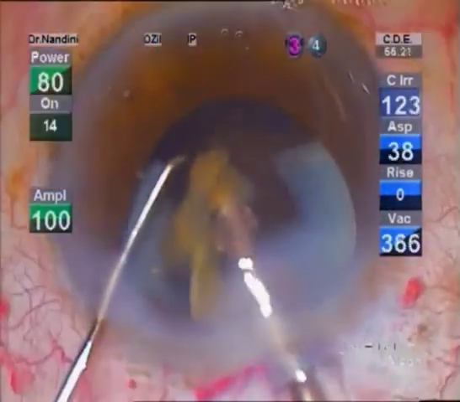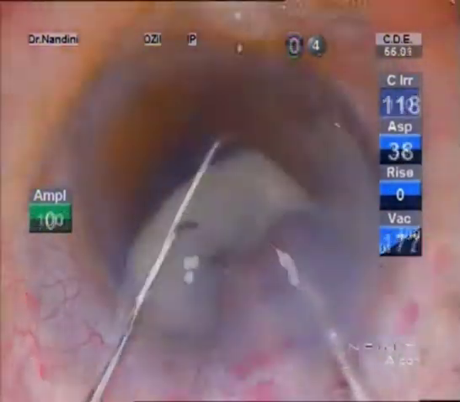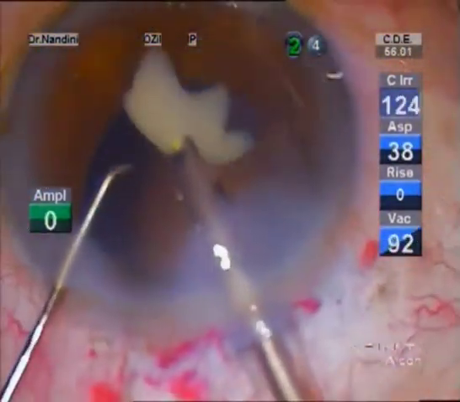Care is taken to avoid that area and to make sure that the last fragment is removed carefully.